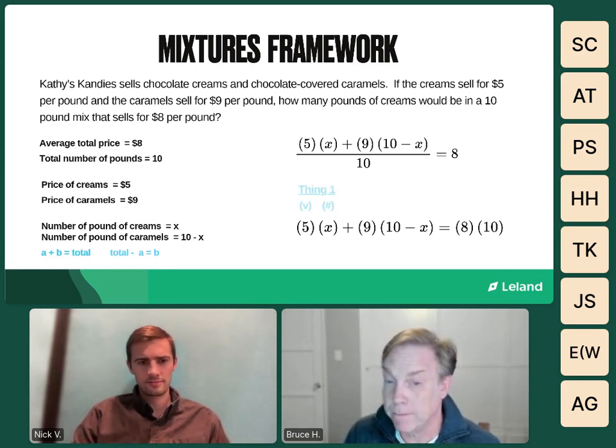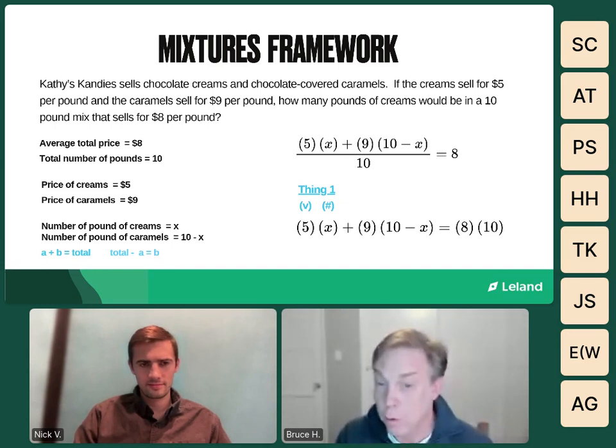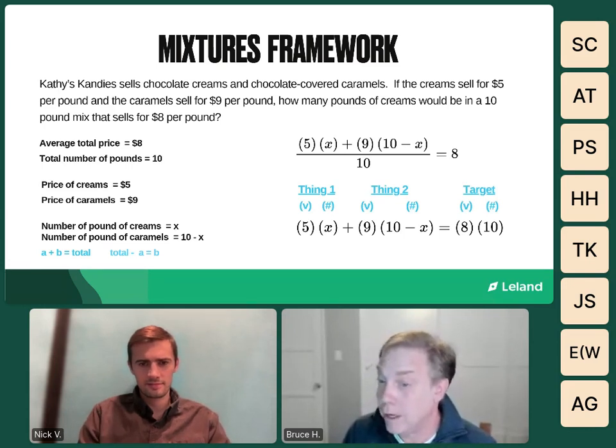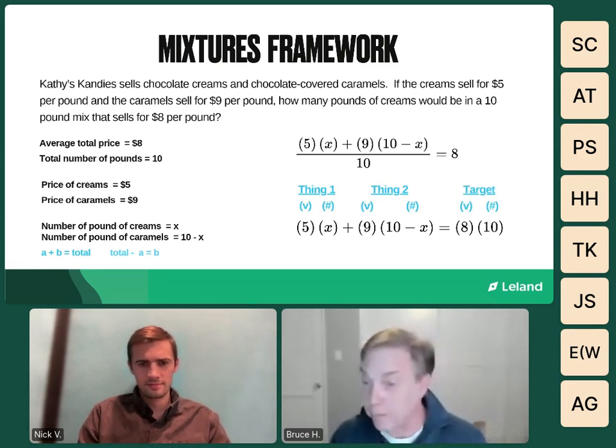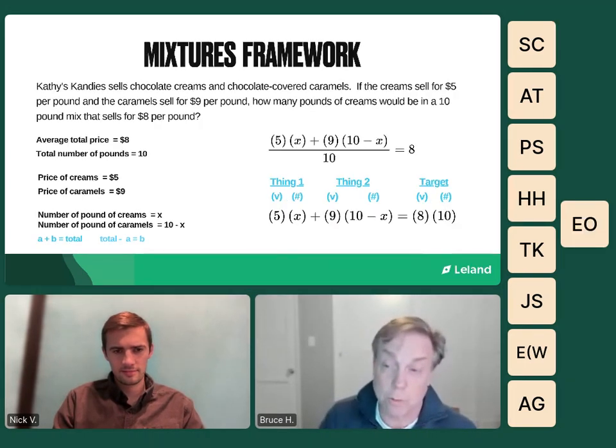Notice that for thing one, we have the value of thing one, $5, times the number of thing one, X. We have the same thing for two. We have the value of thing two, $9 a pound, times the number of things, 10 minus X. And our target, we now have the same thing. We want an average of $8 per pound, and we want 10 total pounds.